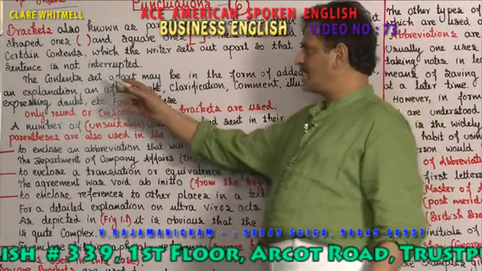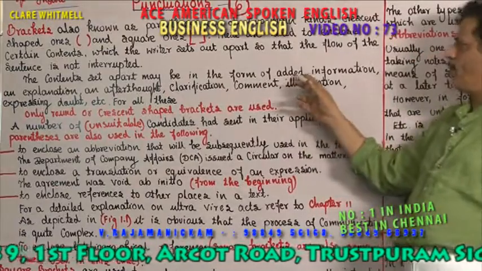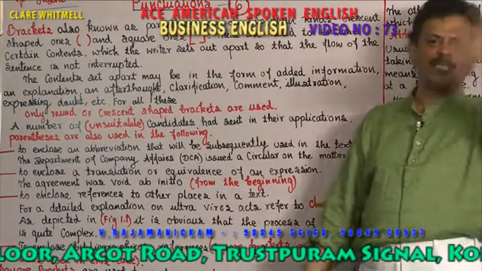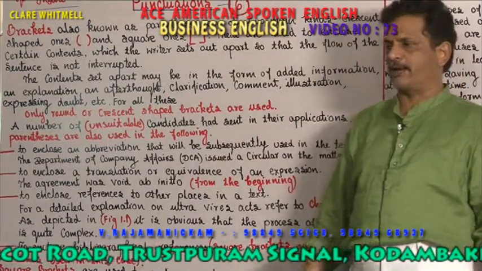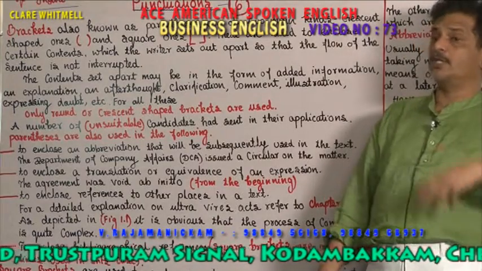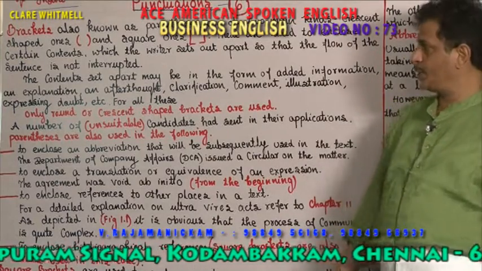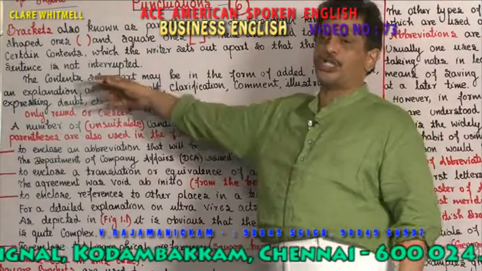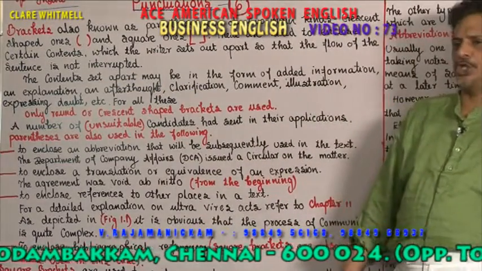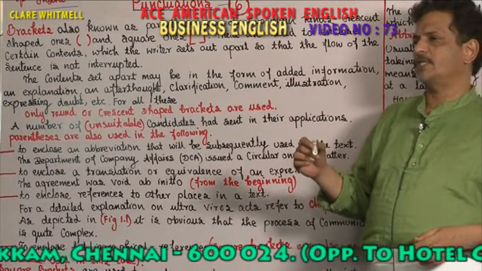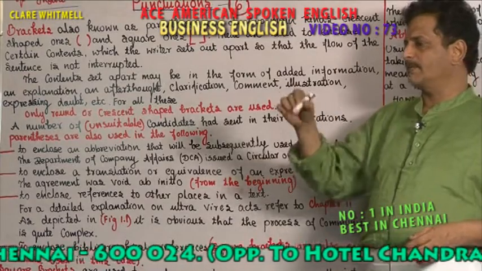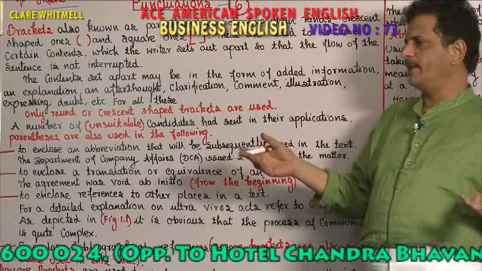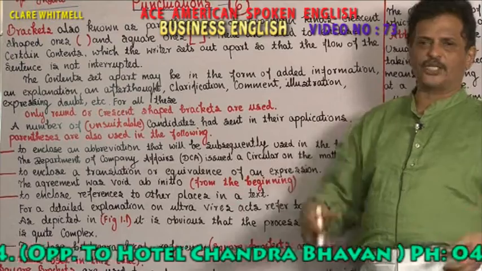So the content set apart may be in the form of added information. It is added information, right? In the bracket, Chief Minister of Tamil Nadu, Apollo, is added information. An explanation. What explanation? The Chief Minister of Tamil Nadu is in the hospital. In bracket I write because of some infection in her lungs.